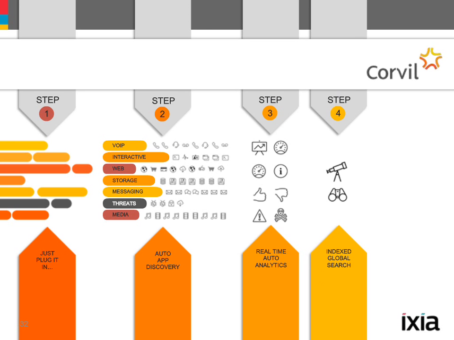If you can globally search for that and find wherever it is throughout your instrumented infrastructure, the power of the information in your network data is now accessible, consumable, and searchable like never before.